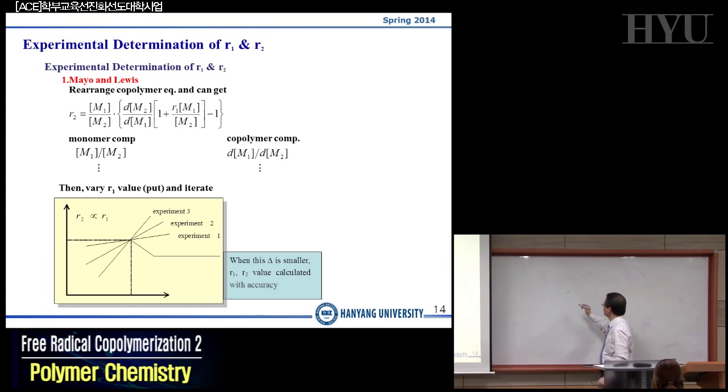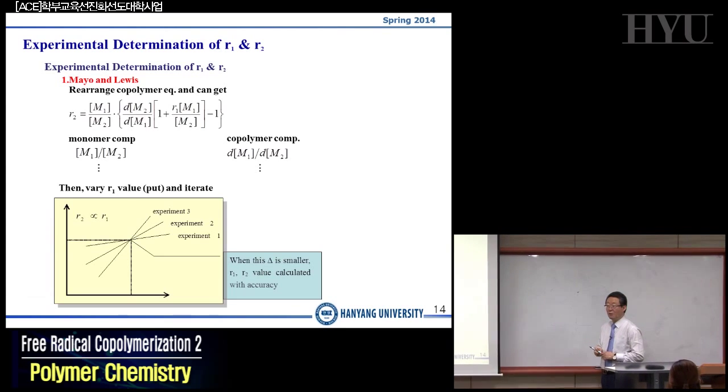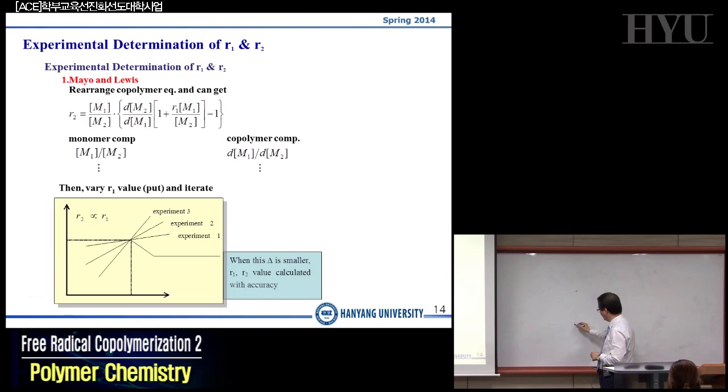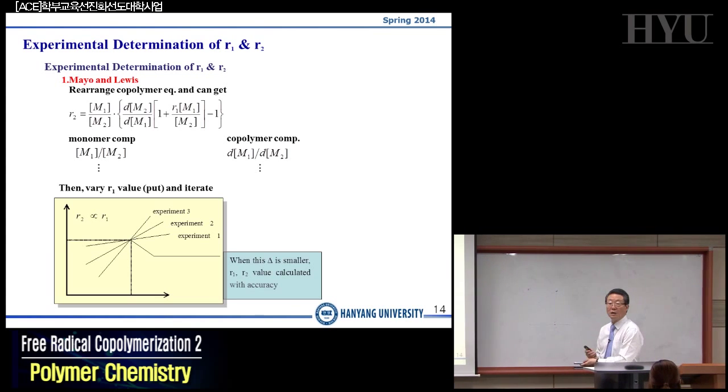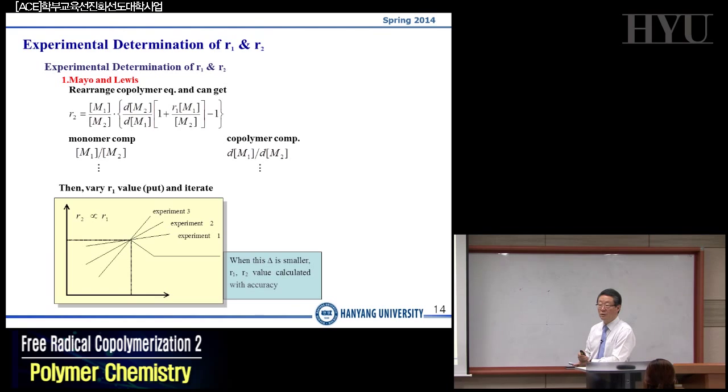Okay, so this way, the perfect value might be, there is no triangle, but if you have a smaller triangle, then that's the point where you can determine your r1 and r2. Okay. This is one way of measuring and calculating the r1 and r2 by experimental measurement of copolymer composition at a given monomer composition.